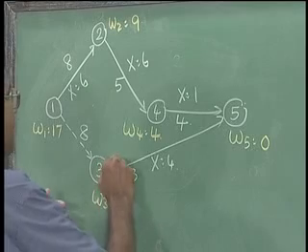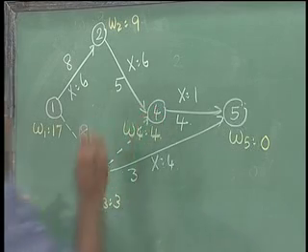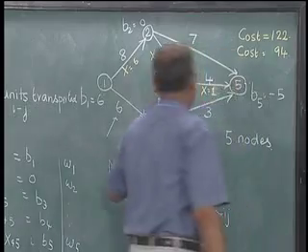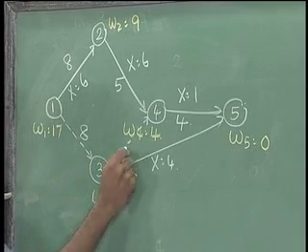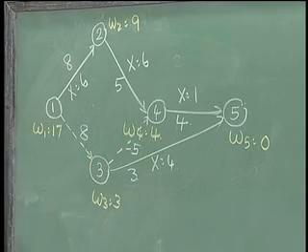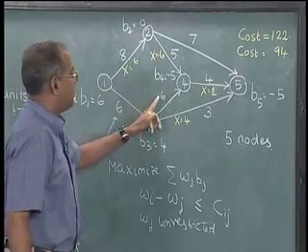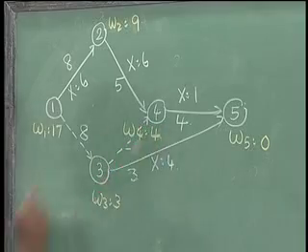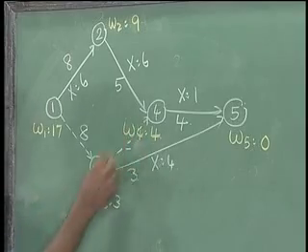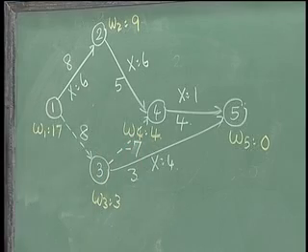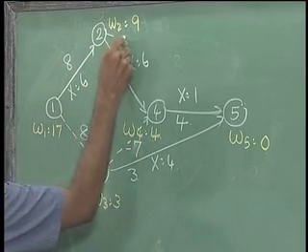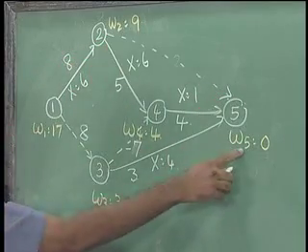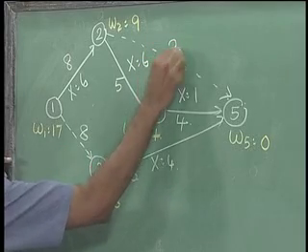Now, for this one, Wi is 3, Wj is 4, Wi minus Wj minus Cij would give us 3 minus 4 which is minus 1, minus 6 is minus 7. And for this non-basic variable, Wi minus Wj minus Cij will be 2.